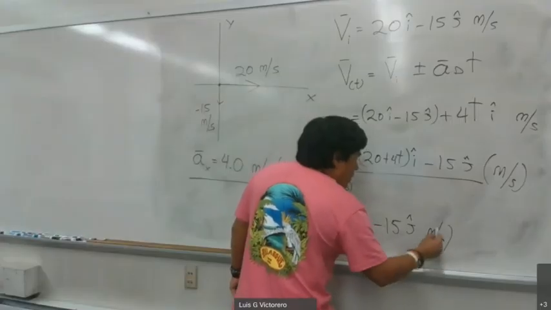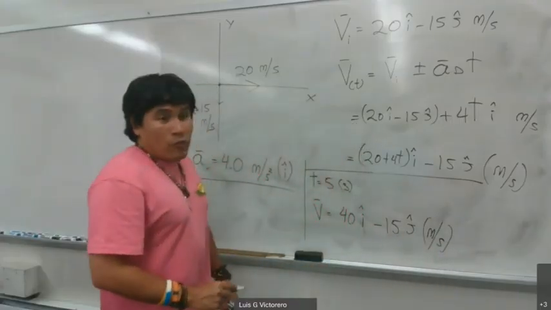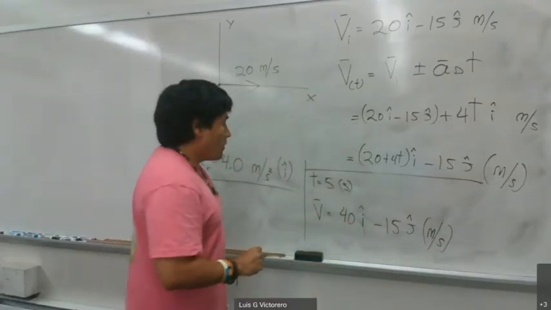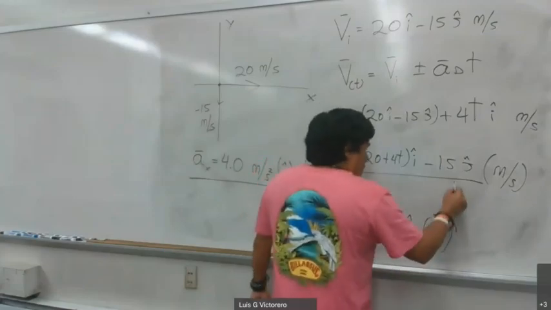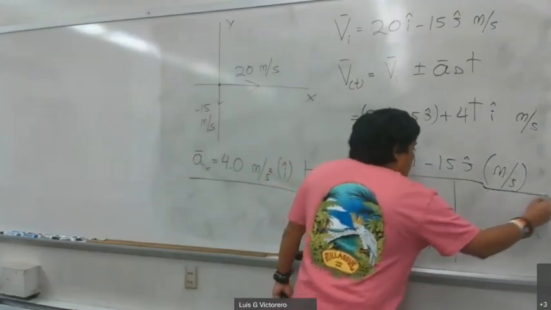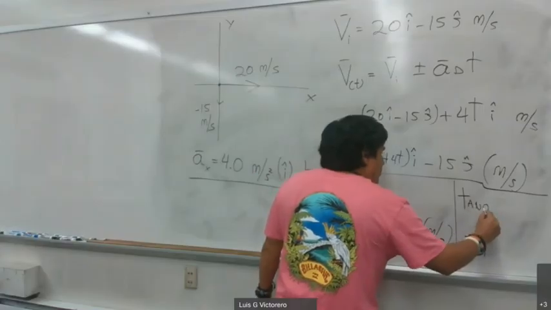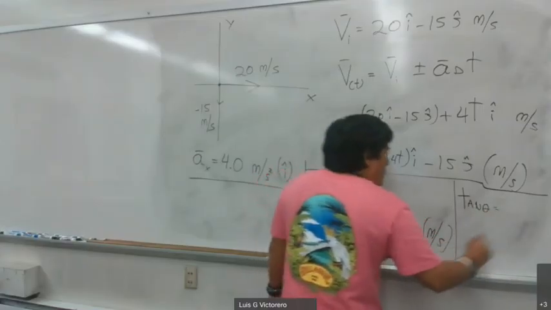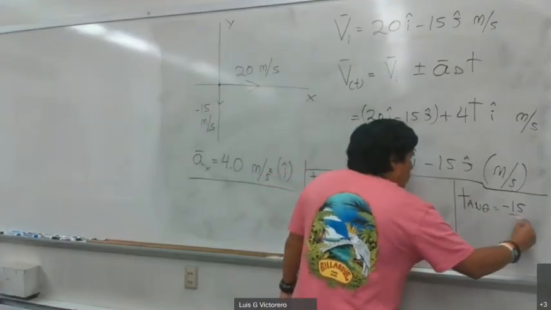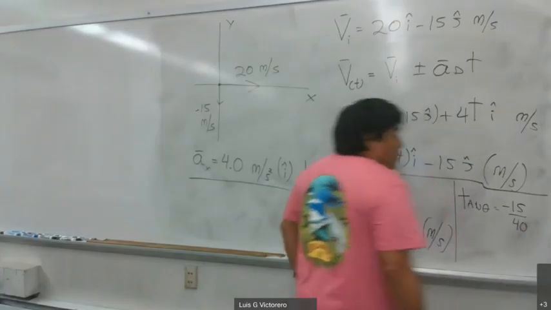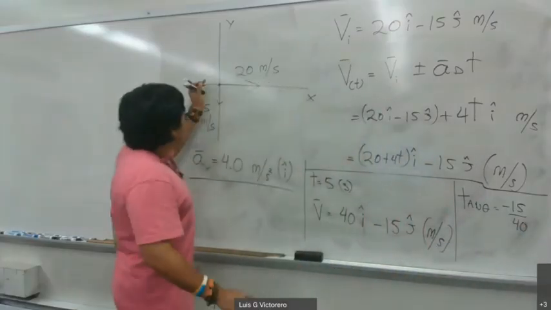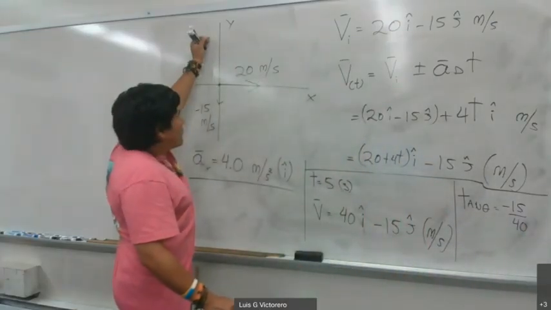To find the angle, if you remember from vectors, we did that before, use that the tangent of theta is minus 15 over 40. We know that the angle has to be in the second quadrant, right? Minus 15 over 40.